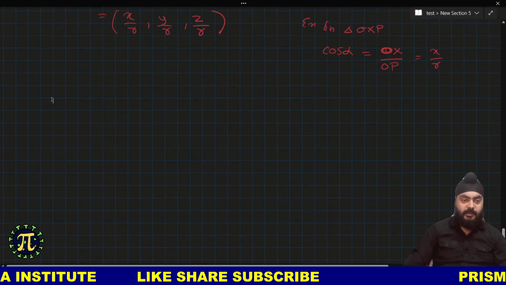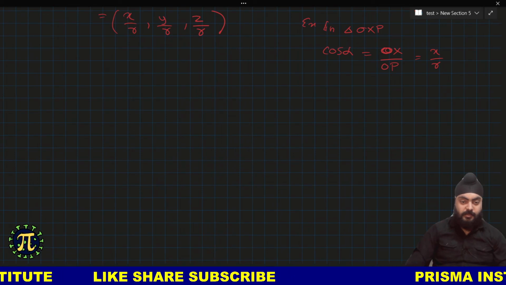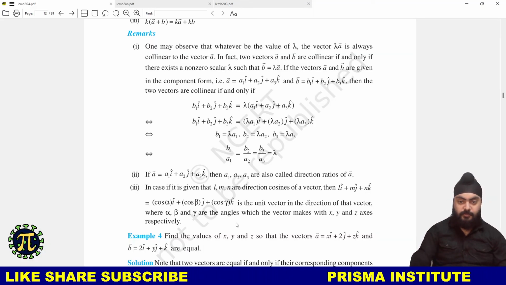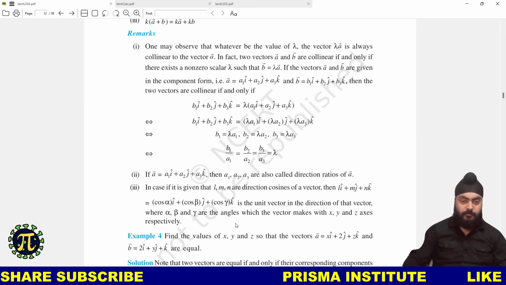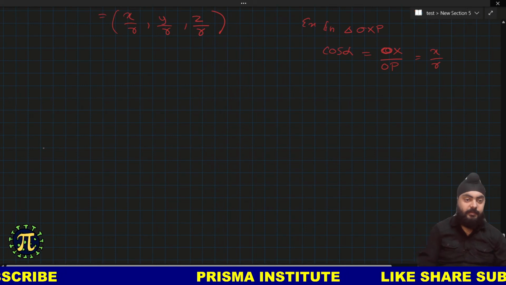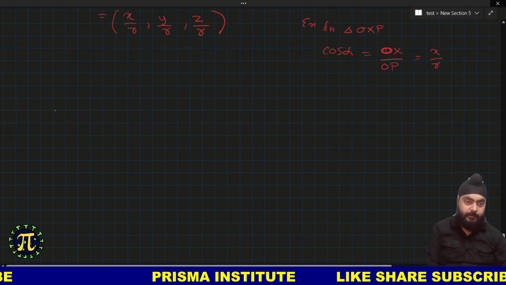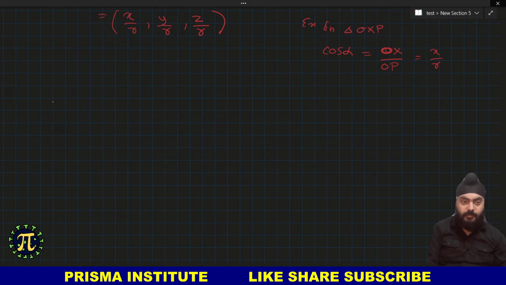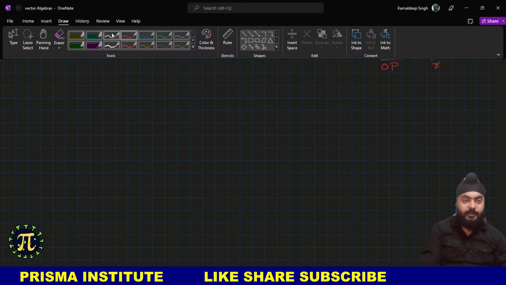So what NCERT has to say is that a unit vector is the same as direction cosines. Not particularly, he has not said that, but let's see. If I have a vector, let me redraw the diagram in the same way.